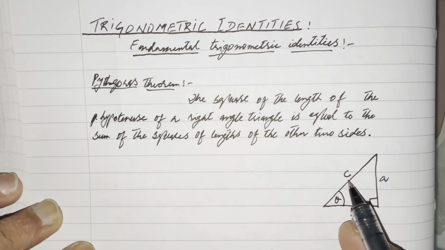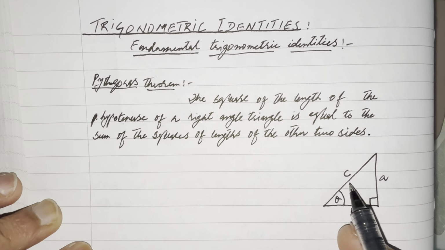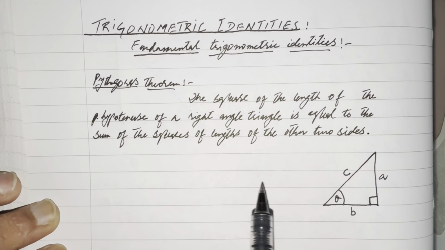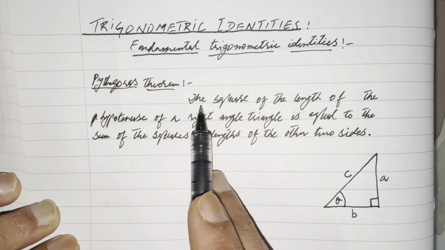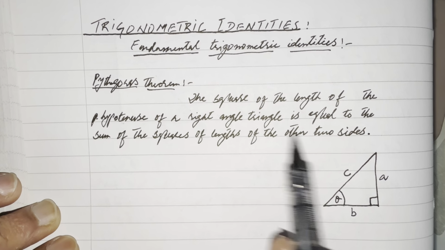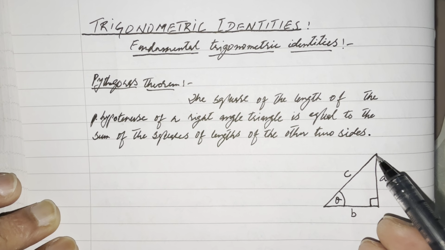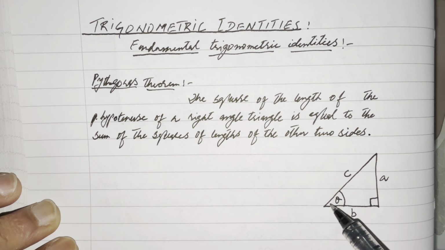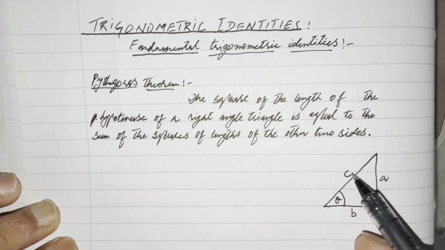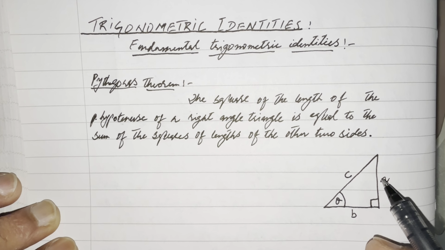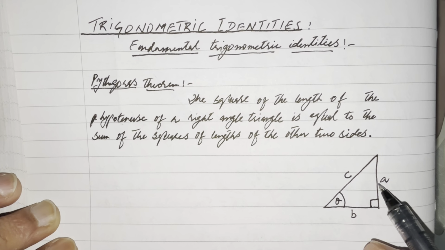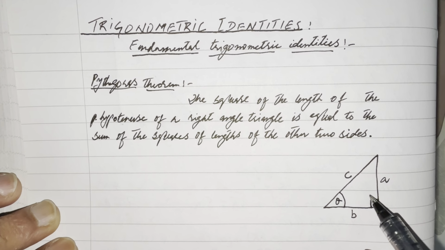According to the Pythagoras theorem, the square of the length of the hypotenuse is always equal to the sum of squares of these two sides.